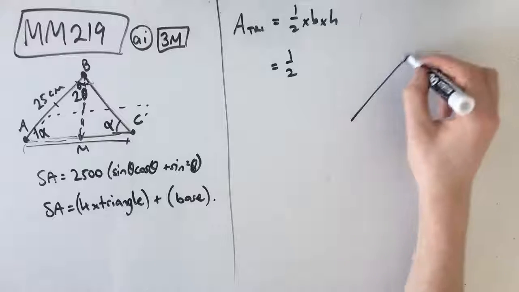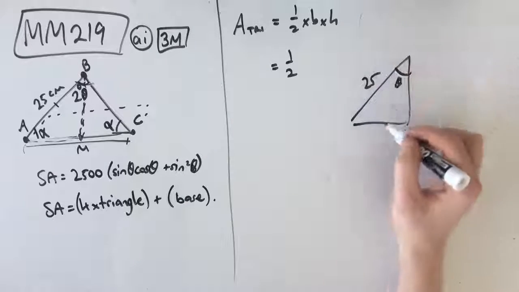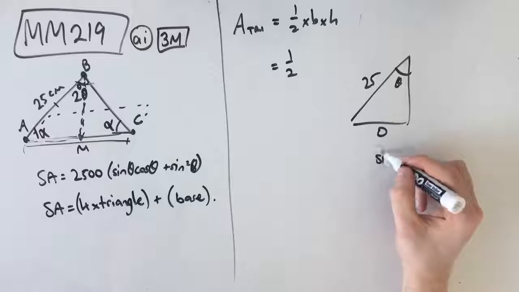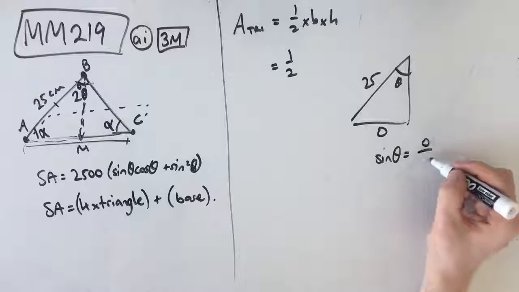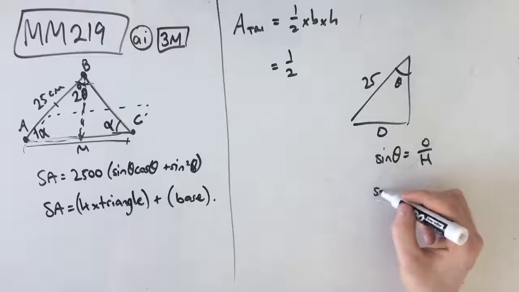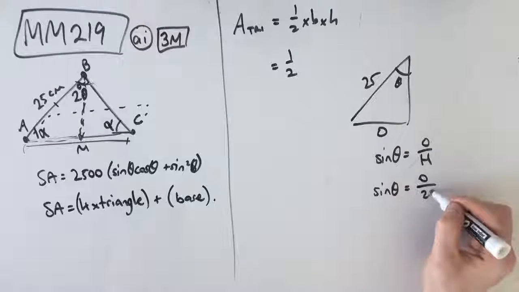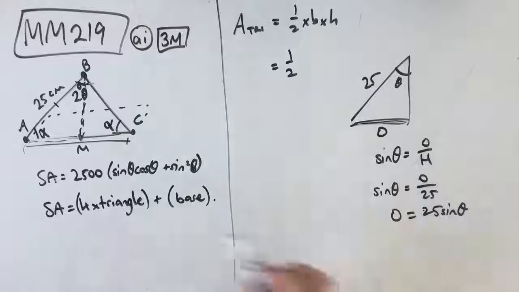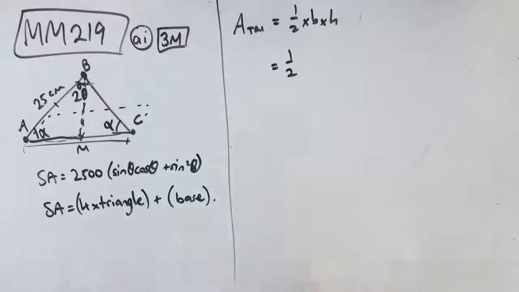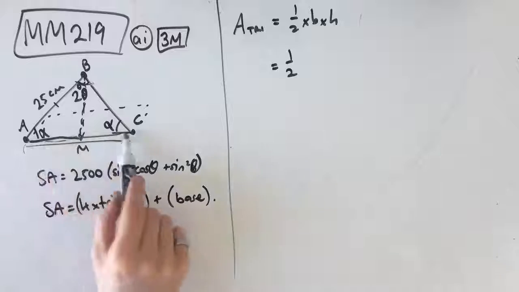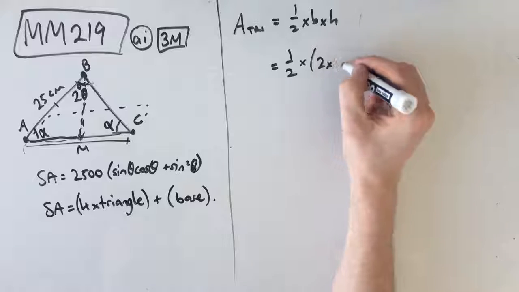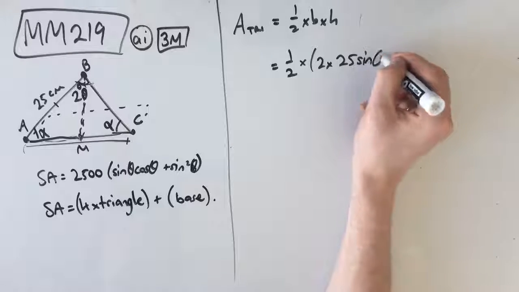If we have a triangle, it has theta here, 25 here, and we're looking for our opposite, we know that sine theta is equal to our opposite over hypotenuse, which means that sine theta equals opposite over 25, which means that our opposite, this section here, is equal to 25 sine theta, right? So this section here is going to be 25 sine theta, which means that the total base of the triangle is going to be 2 times that, right? Because this is half to the midpoint. So our base is actually going to be 2 times 25 sine theta.